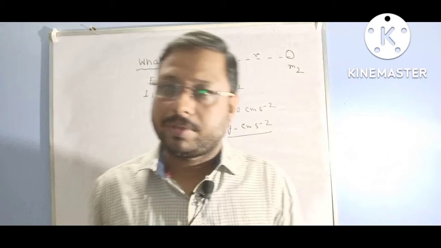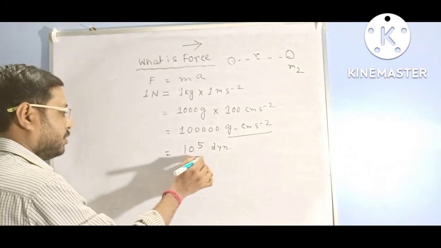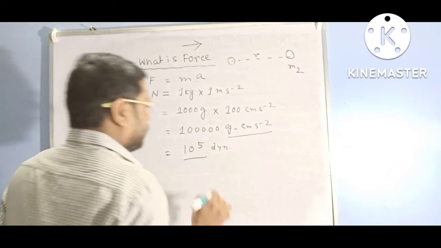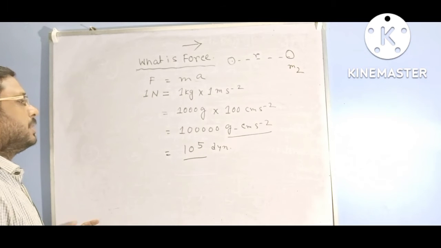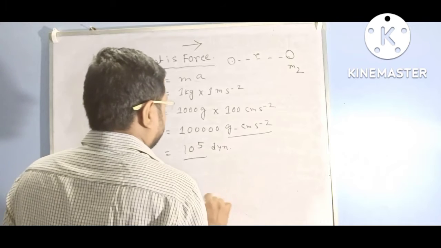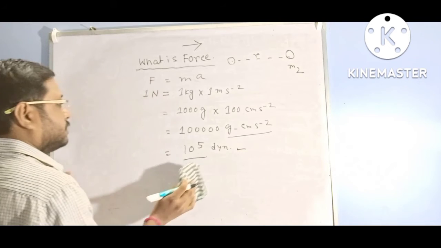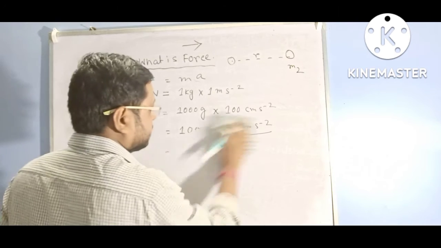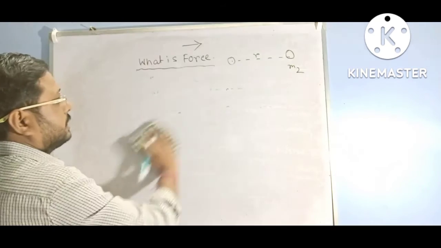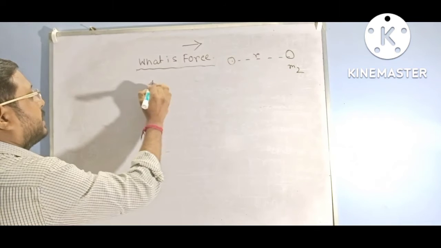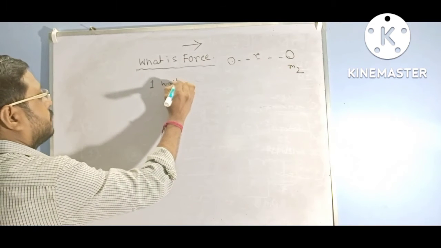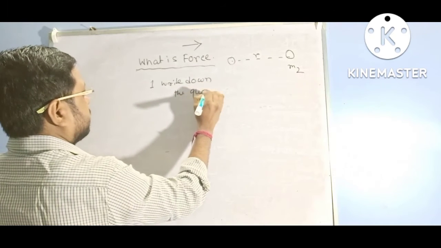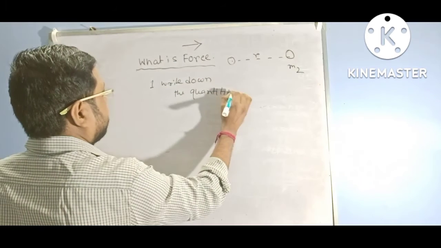This is very useful for unit conversion. And now we do some numericals. For numericals, we have to remember three things in our mind. First, write down the quantities, that is m, a.